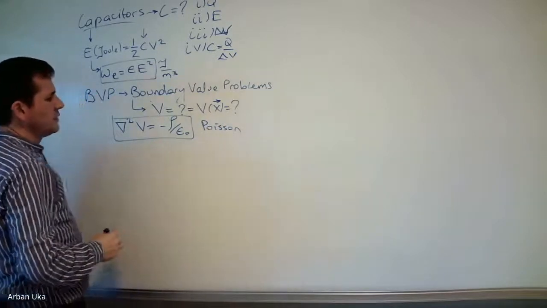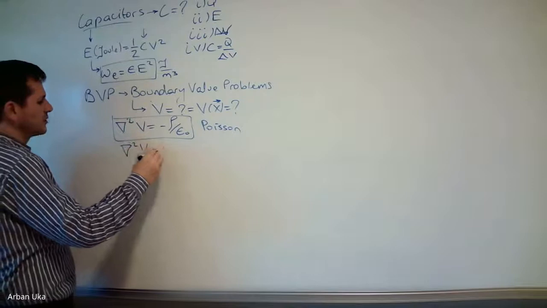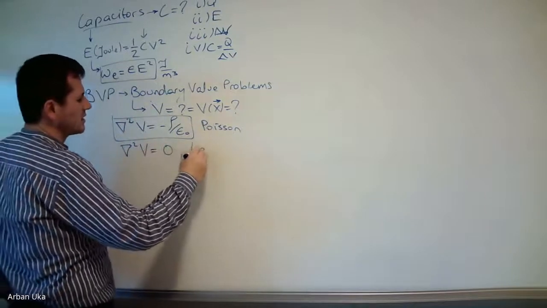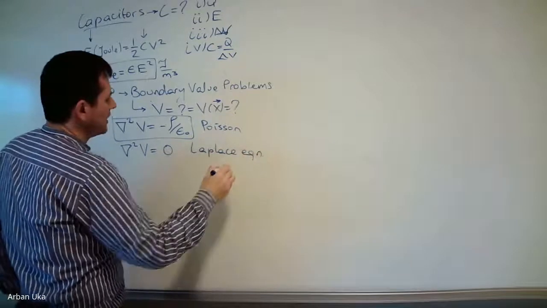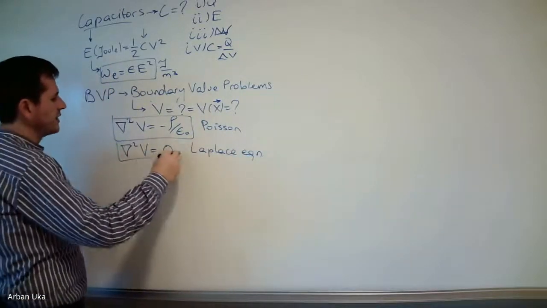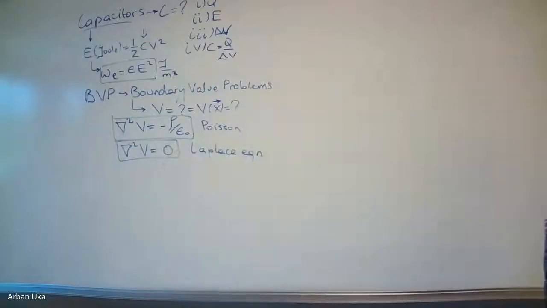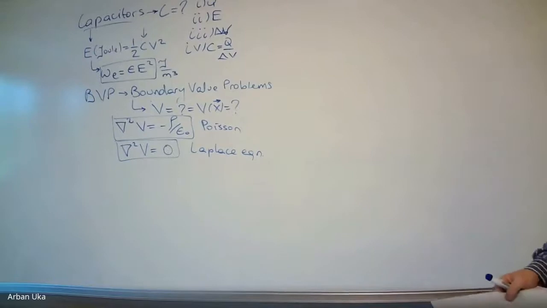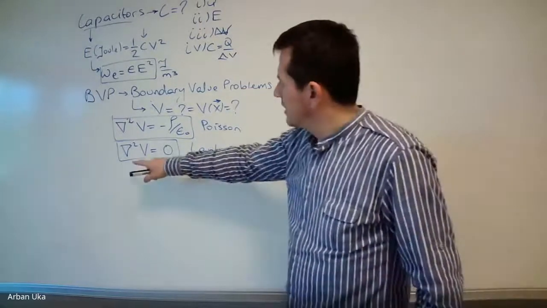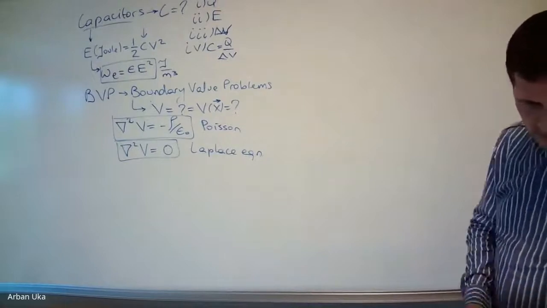Then we said that we obtain the Laplace equation in case the free charge density is equal to 0. If the free charge density is equal to 0, the only thing we have to do is write down the Laplacian in each respective coordinate system.